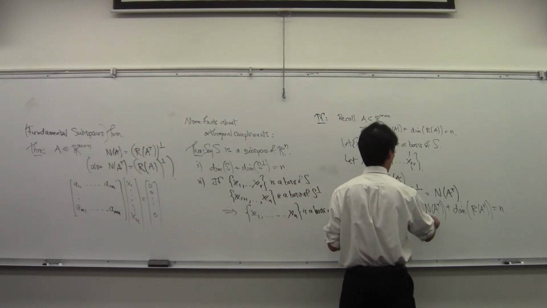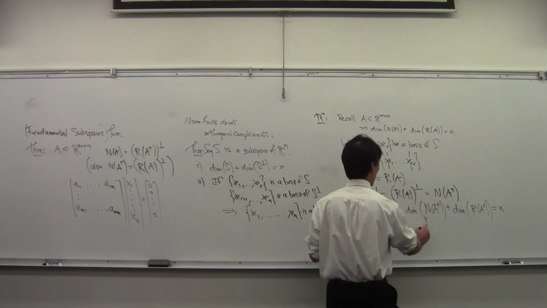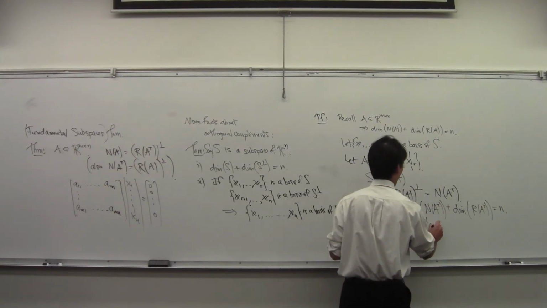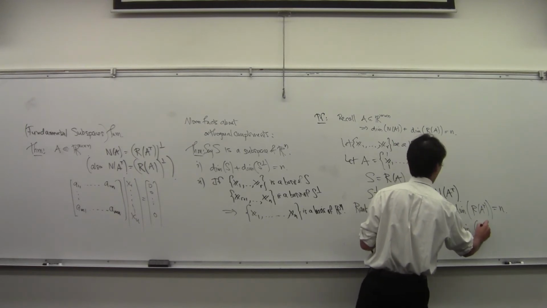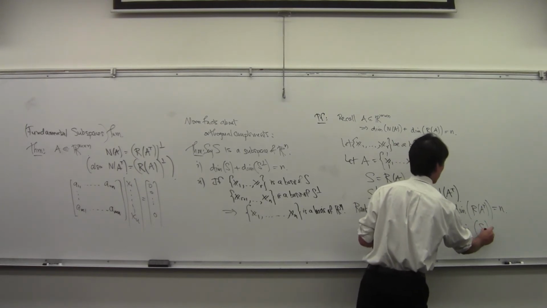So what do we get? We get that the dimension of S perp plus the dimension of S is equal to n.